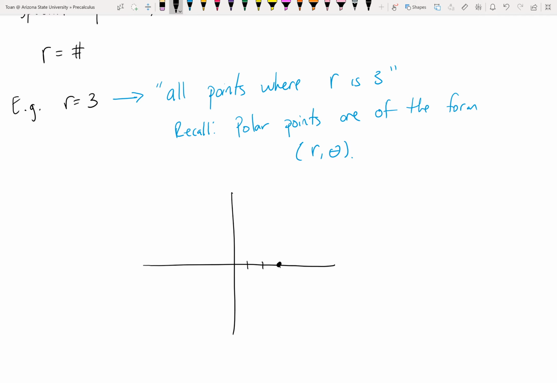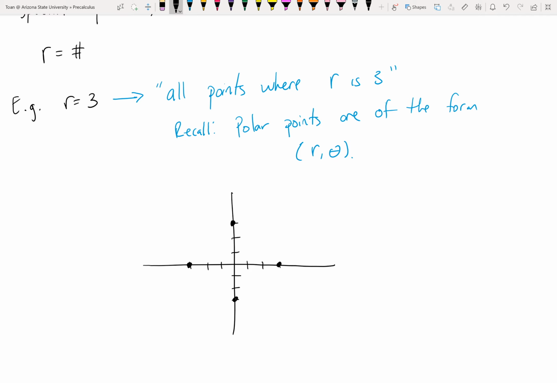At pi halves radians, this point is 3 units away. At pi radians, this point is 3 units away. At 3 pi halves radians, this point is again 3 units away.